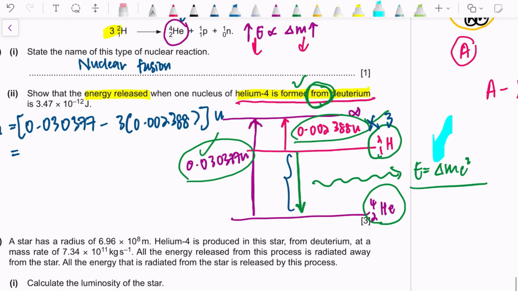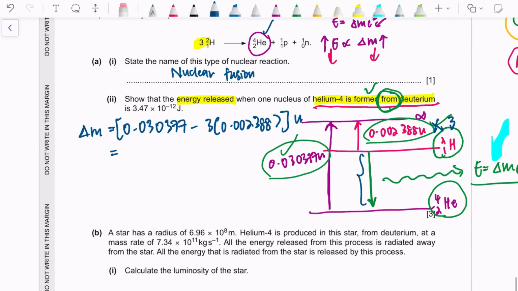It's up to you. I'm not going to multiply first, and this gives me 0.023213 U. As I've always mentioned, in between answers, make sure you keep more than 3 significant figures to ensure accuracy. Don't give 2 significant figures straight away, because this is not the final answer yet.